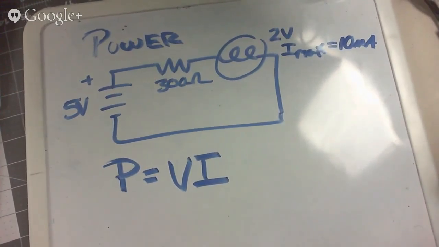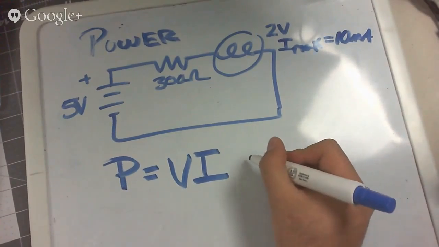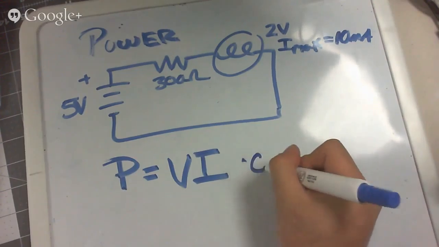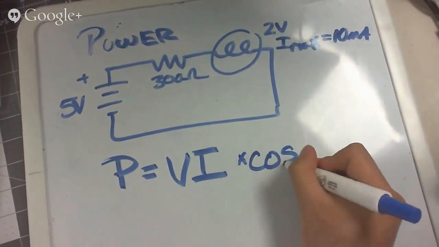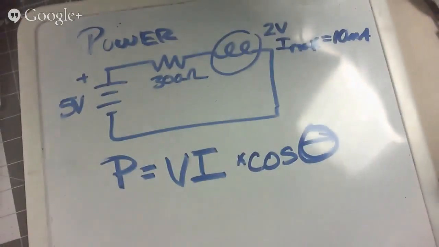Now, I'm going to lay a little Easter egg here for a future episode. This is true for DC, direct current. The reality is that the whole equation is actually times the cosine of an angle called phi, which is in alternating current. So when in DC, the current and the voltage are in phase.